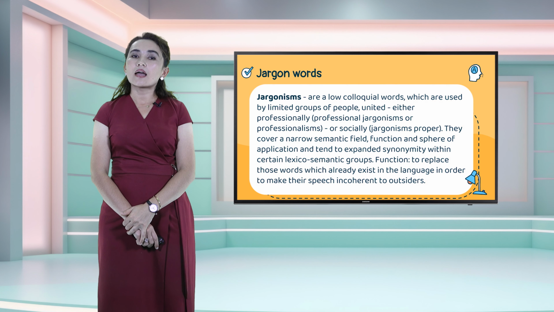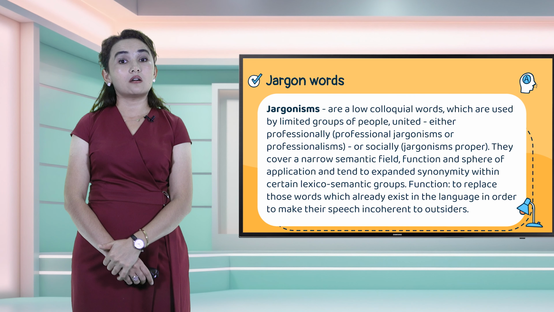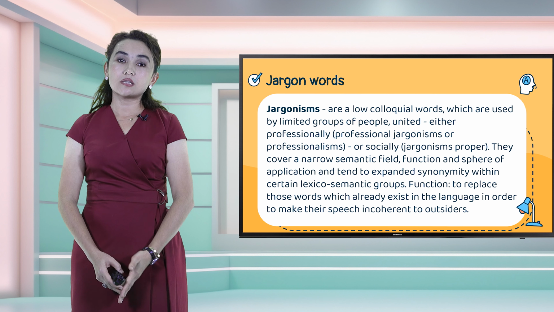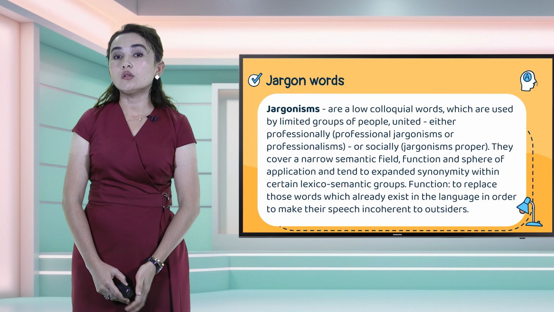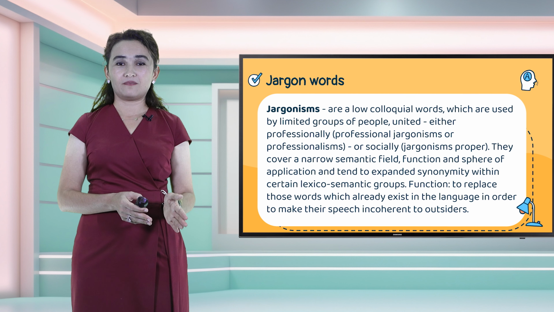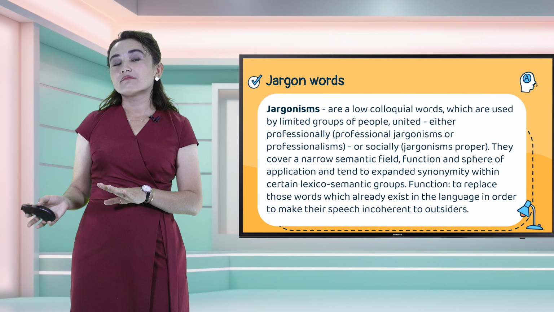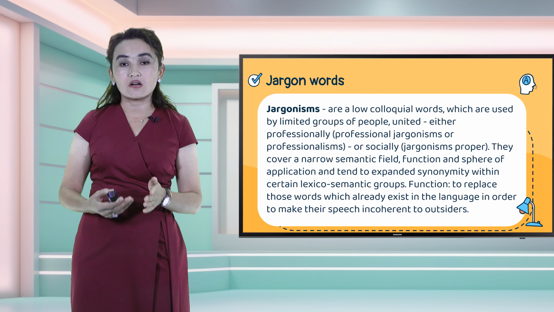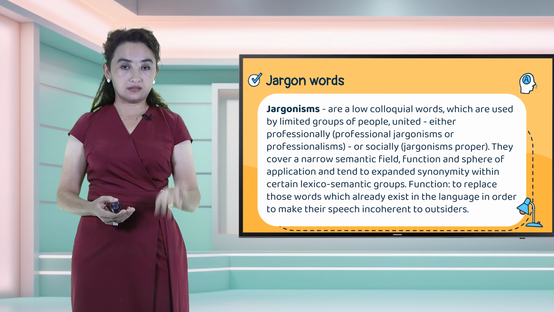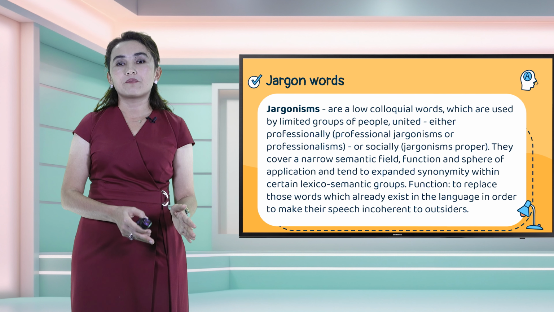The second type of colloquial layer is jargon words, jargonisms. Jargonisms are low colloquial words which are used by limited groups of people, either professionally, because we have professional jargonisms or professionalisms, or socially, jargonisms proper.